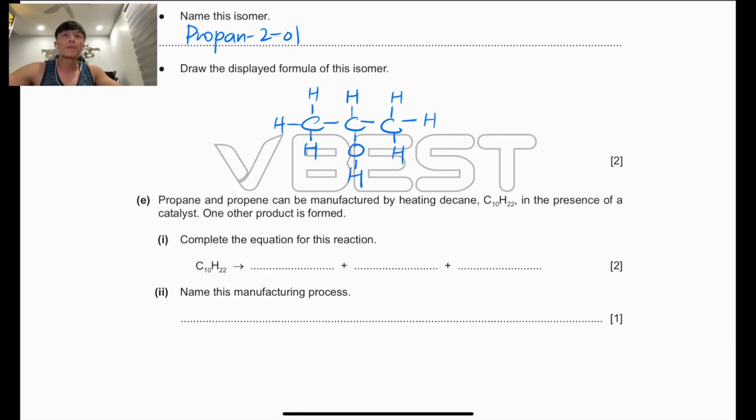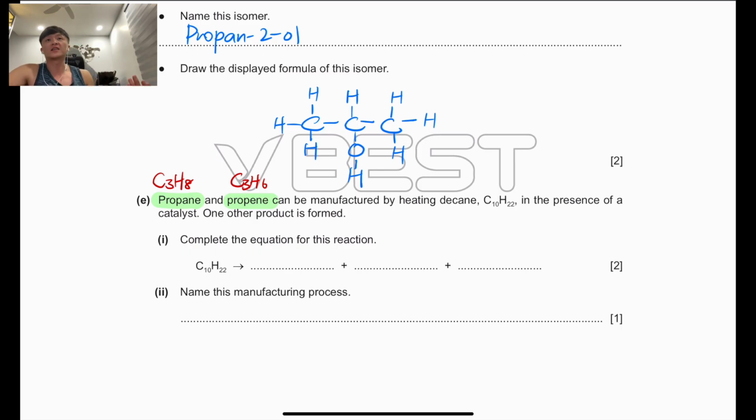Cracking. Okay, so you see, it's mentioned here, propane and propene can be produced. So what's propane? C3H8, and propene C3H6. It's mentioned that it produces both of these products, followed by one more product.